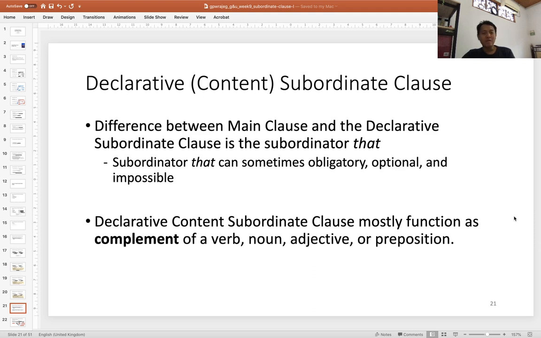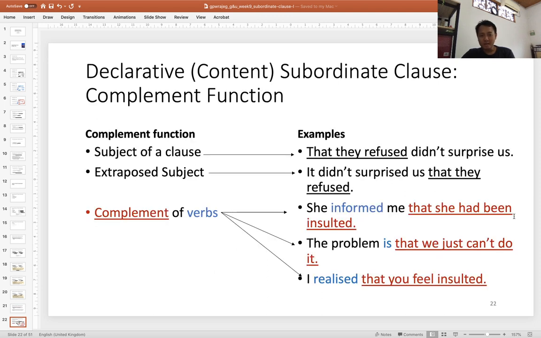Now we look at what the functions of declarative subordinate clause are. Most of the functions of declarative subordinate clause is complement of verb, noun, adjective, or preposition. But there are other functions too.